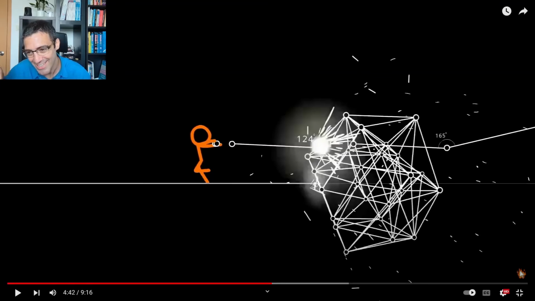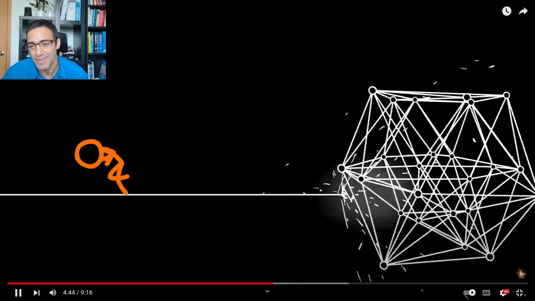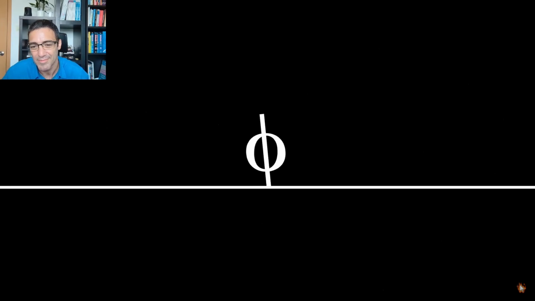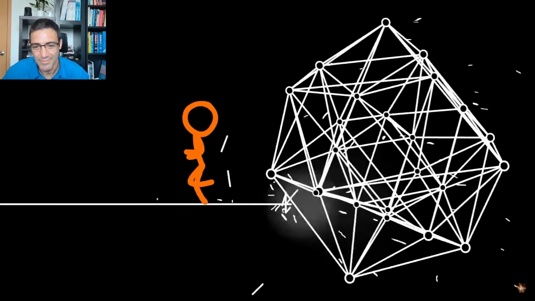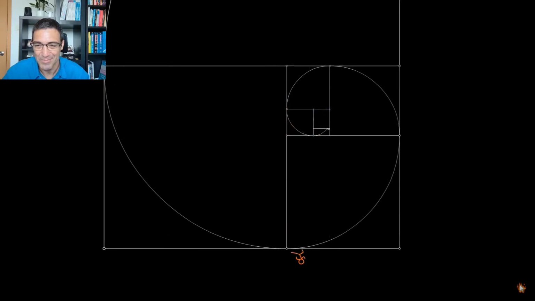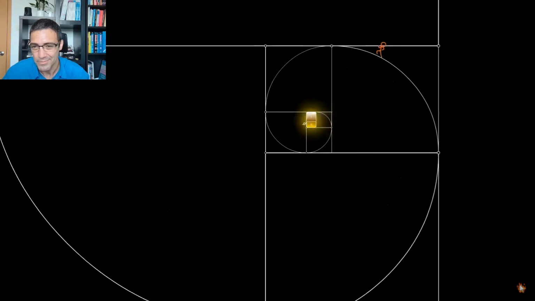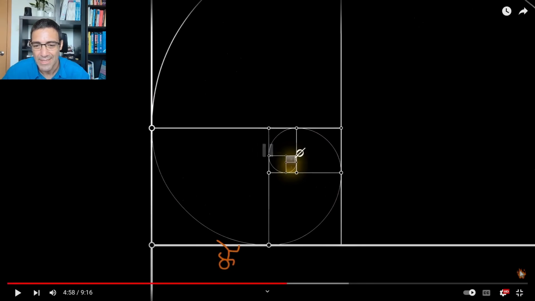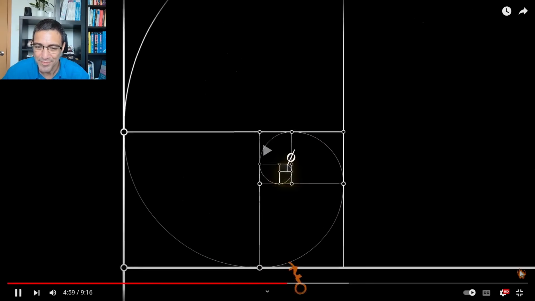His shots are getting deflected at some funny angles. I don't know if that means anything. That's our spiral from earlier.